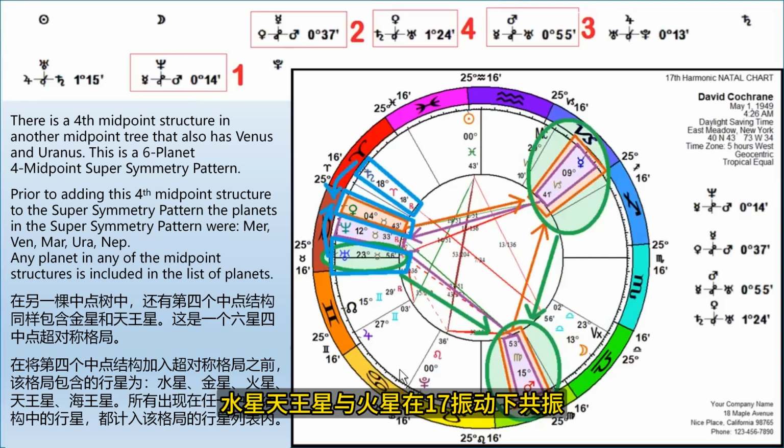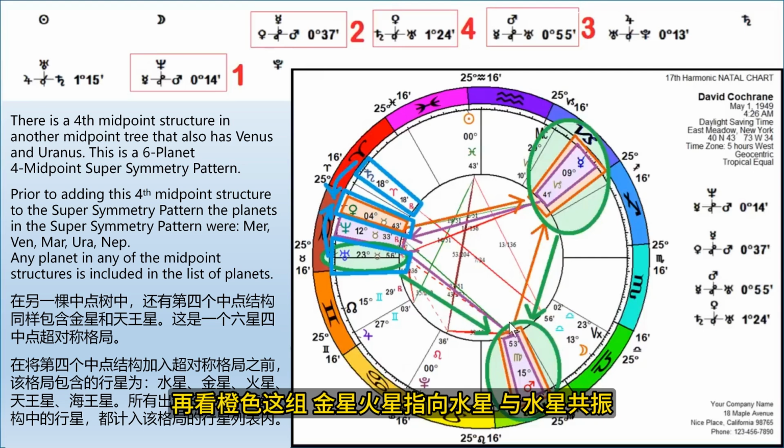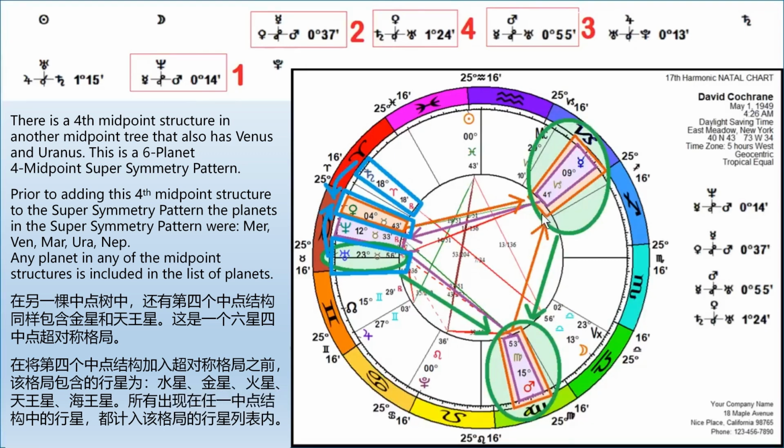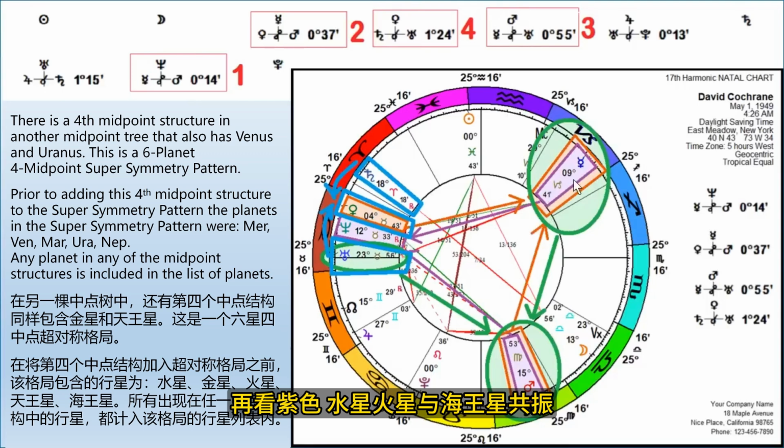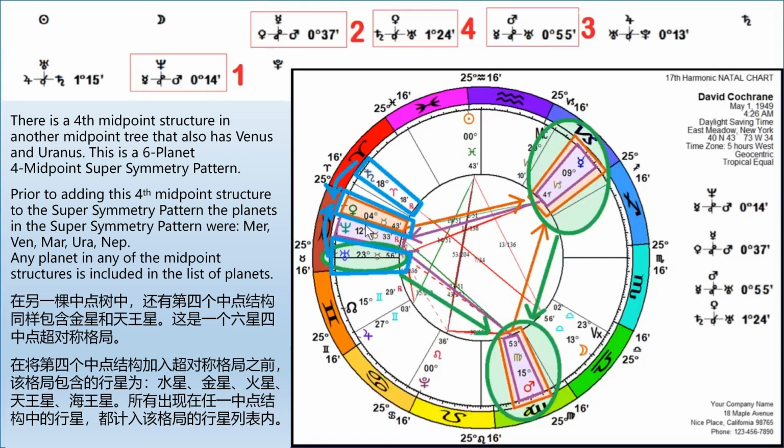And then at the same time, I'm just picking randomly, let's go to the orange. Venus and Mars going to Mercury. They're resonating with Mercury. And then you can go to the purple, and Mercury and Mars making this resonance with Neptune. And then Saturn and Uranus making this resonance with Venus.